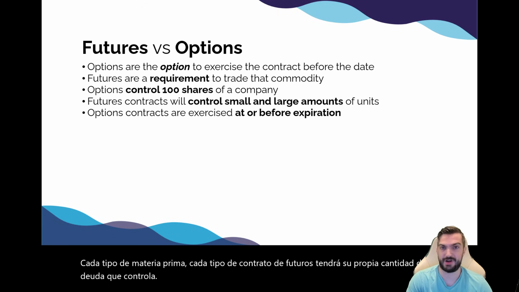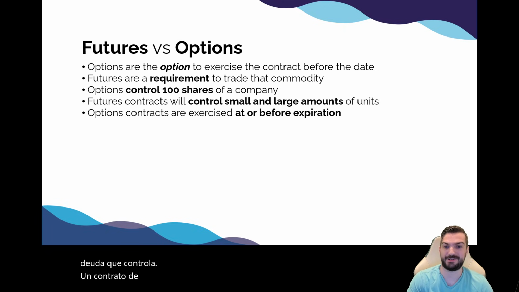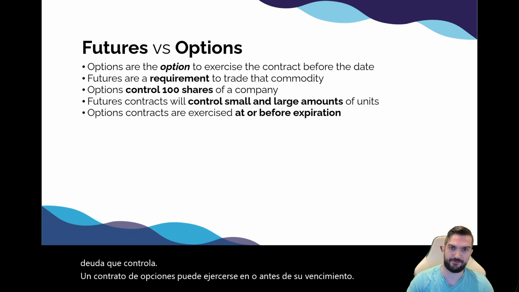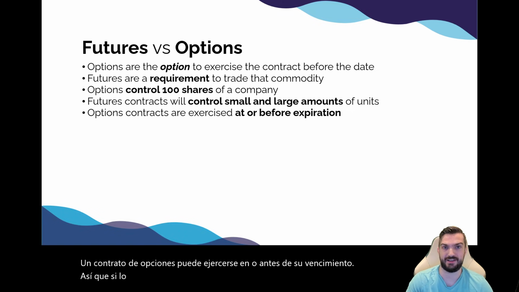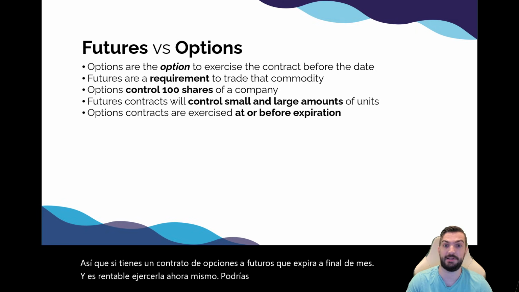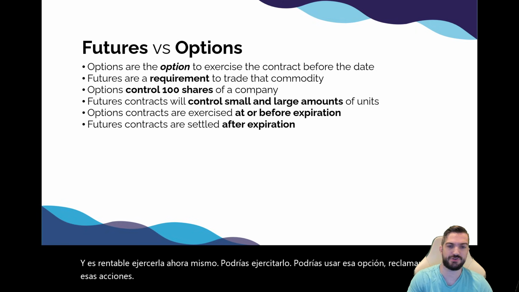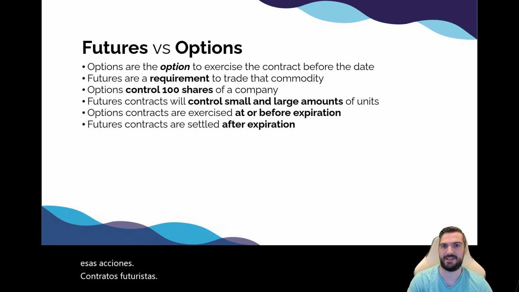An options contract can be exercised at or before expiration. So if you have an options contract that expires at the end of the month, and it's profitable to exercise it right now, you could exercise it. You could use that option, claim those shares. Futures contracts don't work like that.